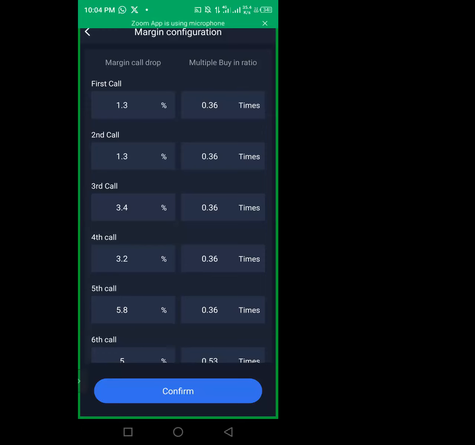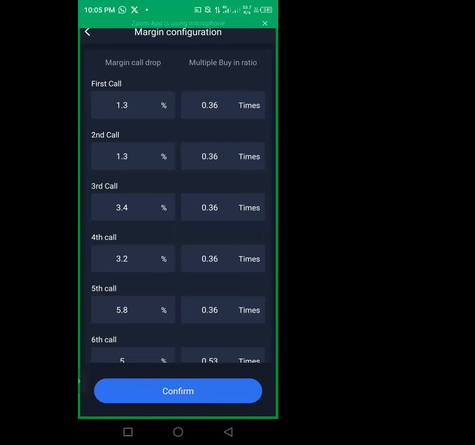The second call, you are instructing your robot again that if this coin drops 1.3% again, that's when the coin is going down, your robot is going to trigger and buy $13, which is your multiplier buying ratio.